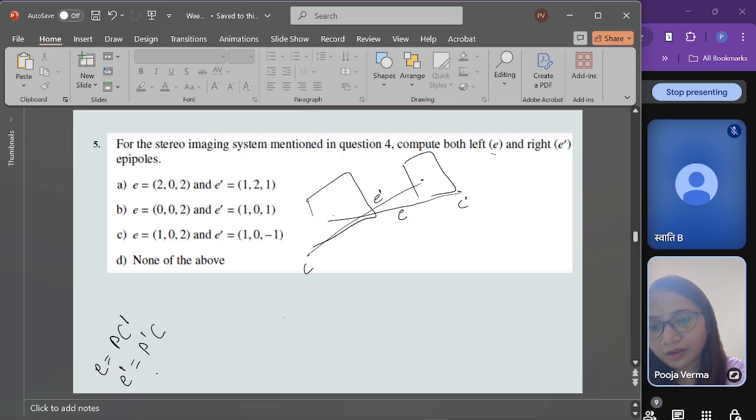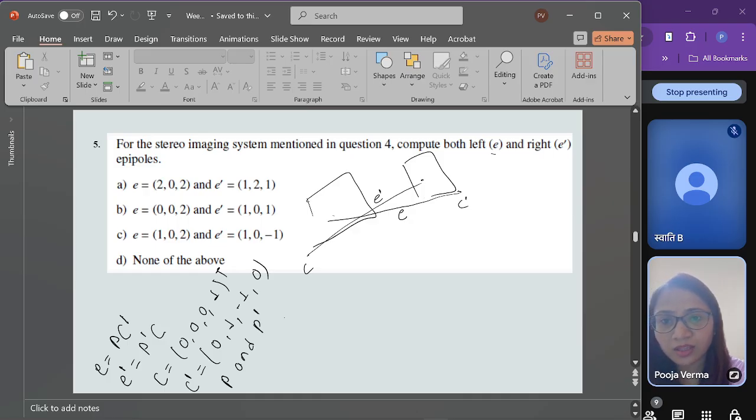So already we have calculated C is equal to 0, 0, 0, 1 transpose, and C dash that we calculated in the previous question is 0, 1, minus 1 and 0. The left and right cameras P and P dash are already given in the previous question.